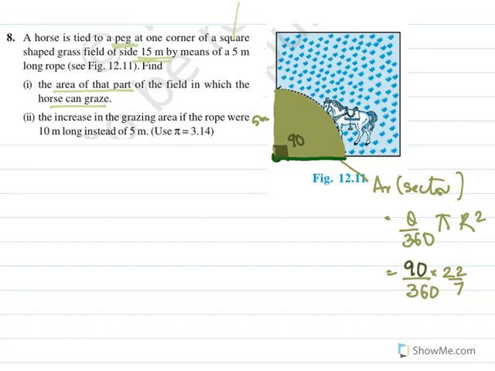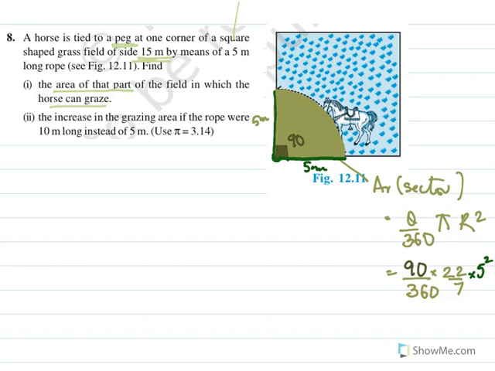He is tied only by a rope of 5 centimeters. That is why his area where he can graze is limited. So r is 5, so this is 5 square. Although there is so much more area, he is unable to reach the other area because he has been tied with a rope of 5 meter.